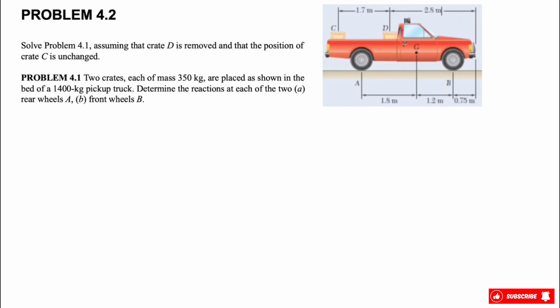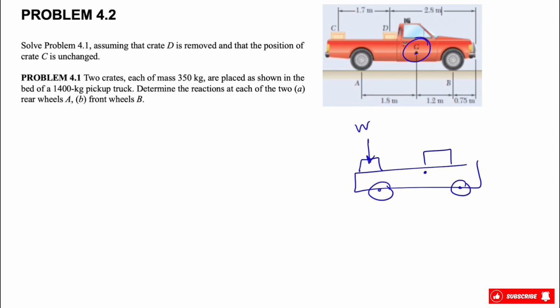Let's get started. As always, we're going to start with the free body diagram. We have this truck that has two wheels in the front, two wheels in the back. We have crate C, which obviously has a weight, and we have the total weight of the pickup truck, where G is the center of gravity. Let's call this one WT.